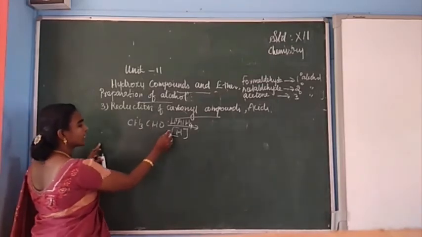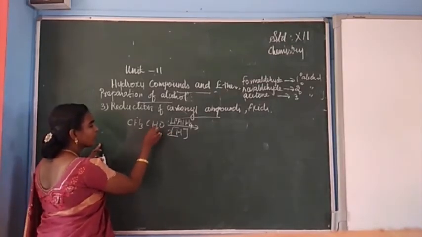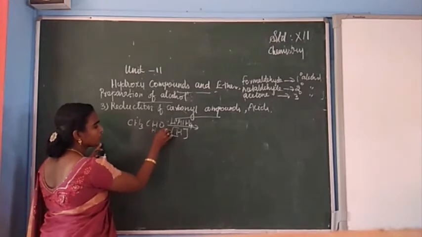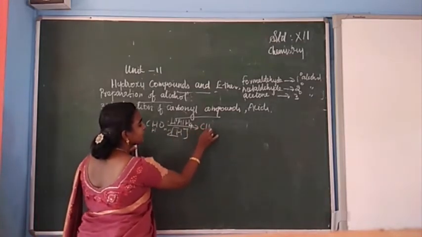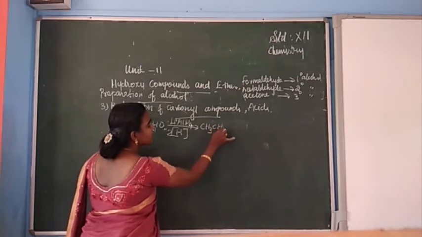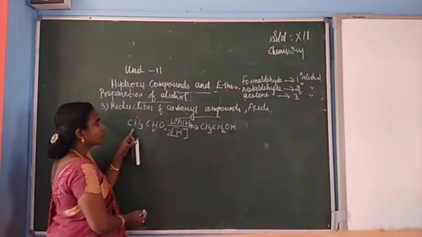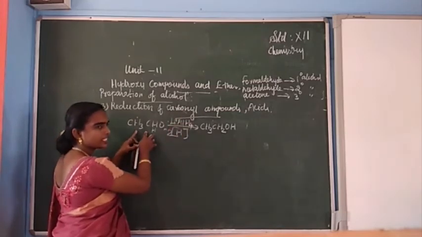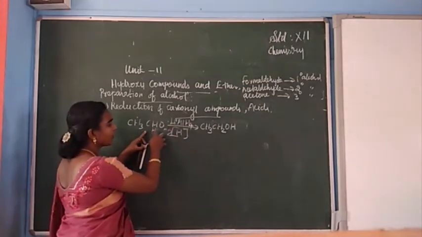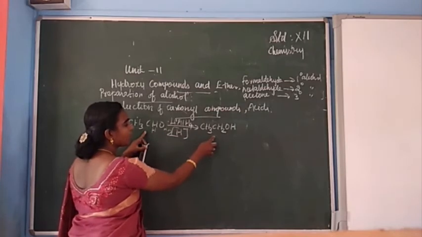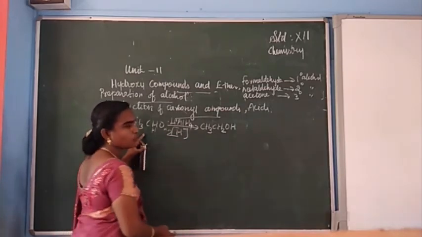Two hydrogens: one hydrogen is added here, the next one here. We are getting CH3CH2. The carbonyl compound acetaldehyde we have taken; from this we can prepare alcohol, CH3CH2OH.